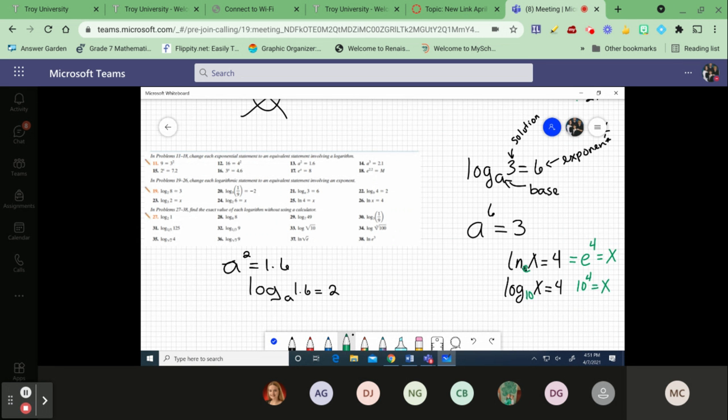Couple of those properties that we talked about.